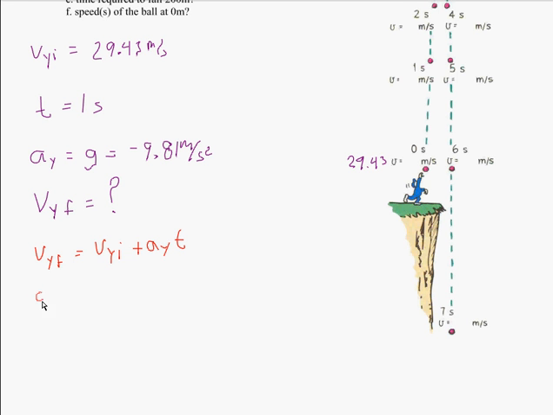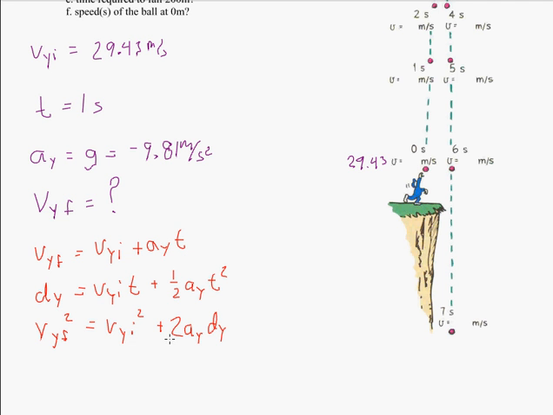You also have DY equals VYI T plus 1/2 AYT squared. And the always fun but seldom used VYF squared equals VYI squared plus 2AY dy.